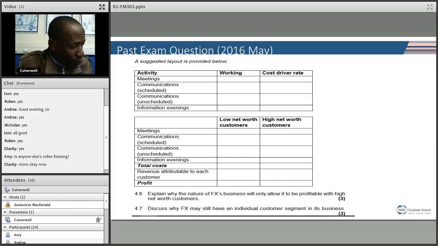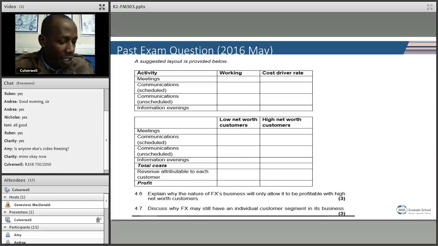If you flip back to the previous page, for low net worth customers, we had 2,000 meetings, and for high net worth customers, we had 50. The total there was 2,050, so I'll say divided by 2,050. That is what I'll have under my working.